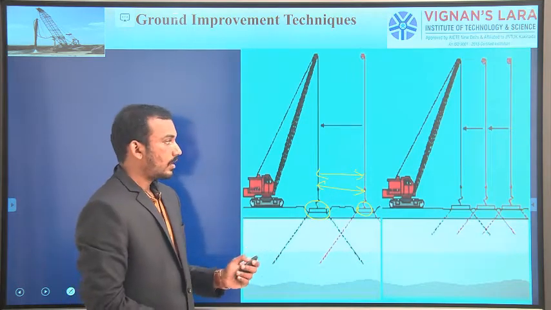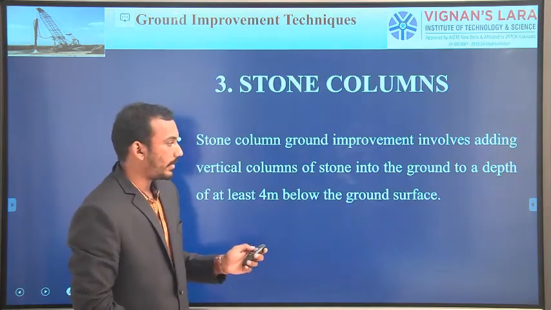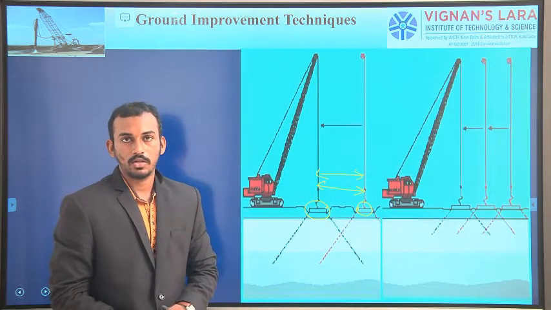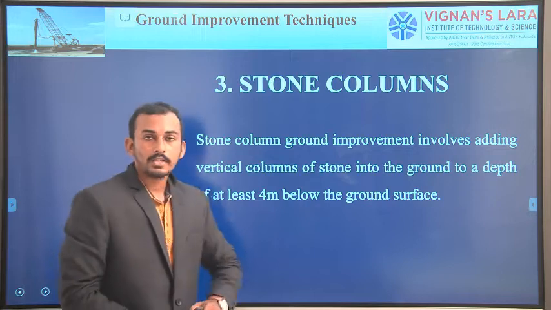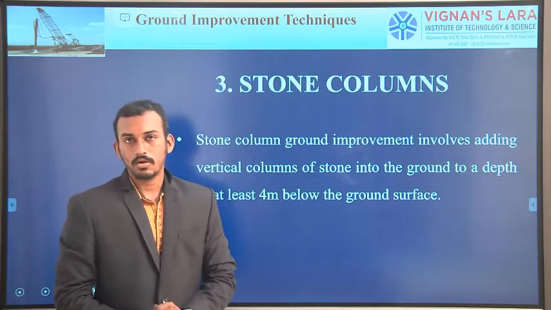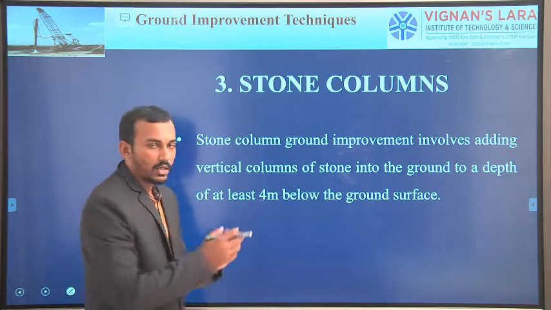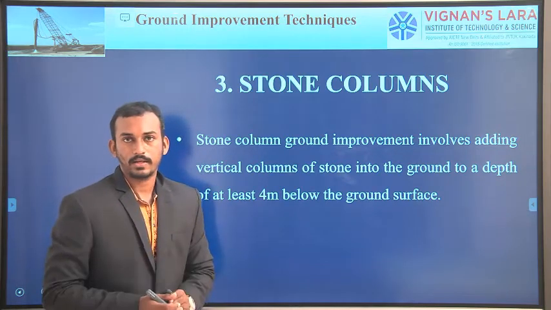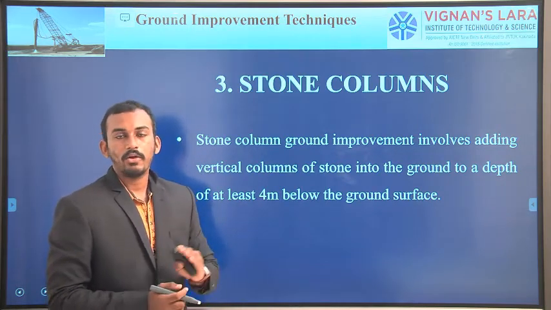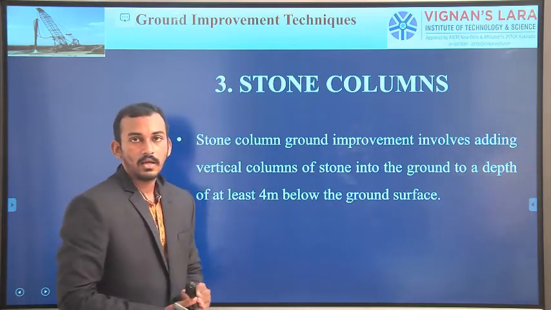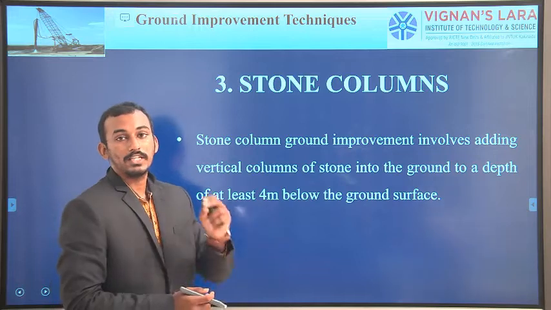Okay. So up to now we have completed dynamic compaction, the second method to densify the soil. The third and the last method to densify granular soils is stone columns. Okay, this is very similar to the vibro replacement technique. In vibro replacement, we are adding new soil, whereas here we add some granular materials, that is chips.